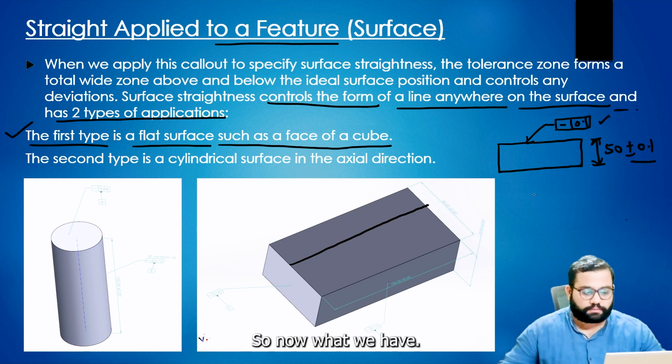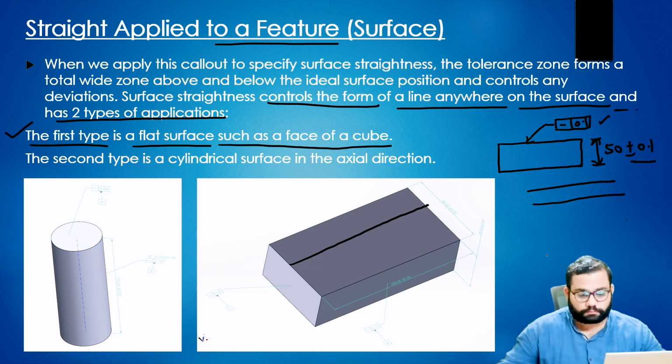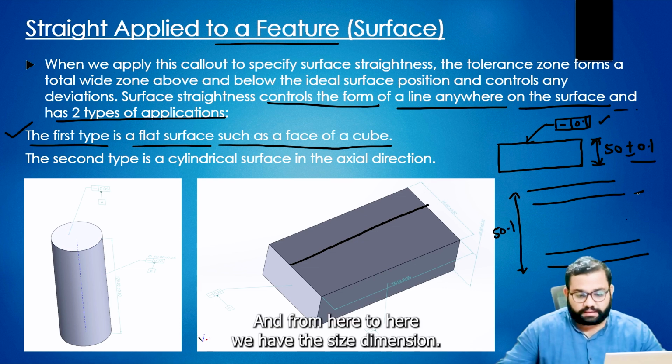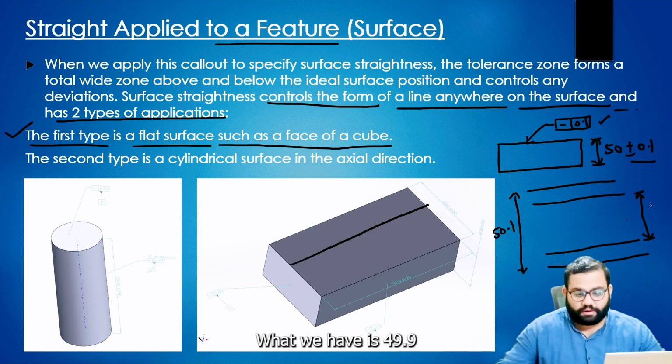So now what we have: from here to here, we have a size dimension of 50.1, and from here to here, we have the size dimension of 49.9. This is 0.2 mm of tolerance.